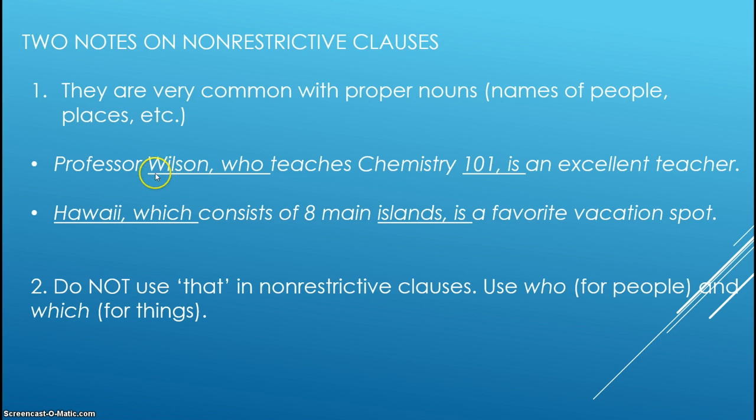You see from our examples already, we have that. Professor Wilson, that's a proper noun. And then look, we have the non-restrictive clause coming right after that. Hawaii, that's the proper noun, and it's also followed by our non-restrictive clause. Okay, so that's one little hint.